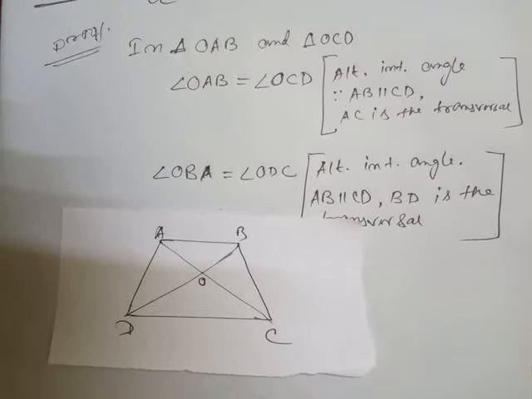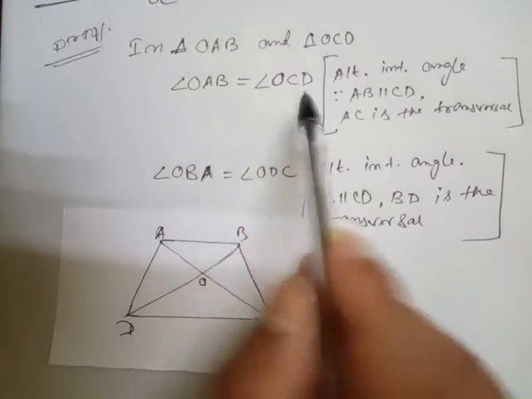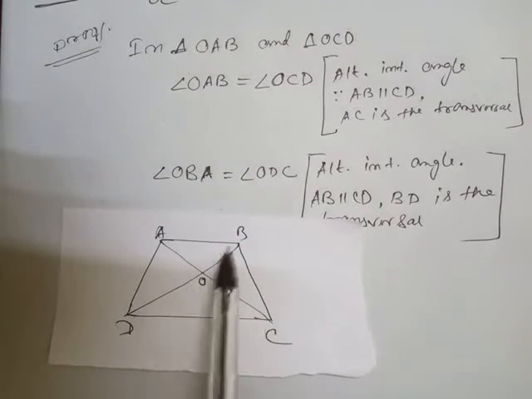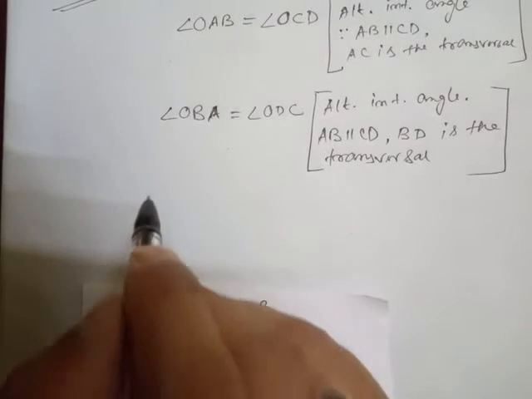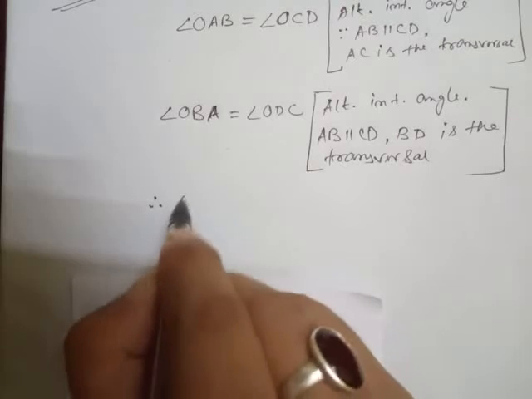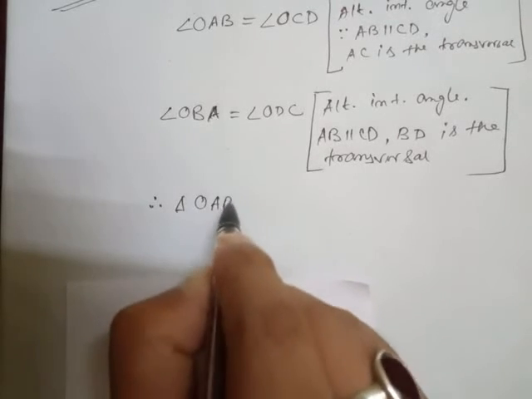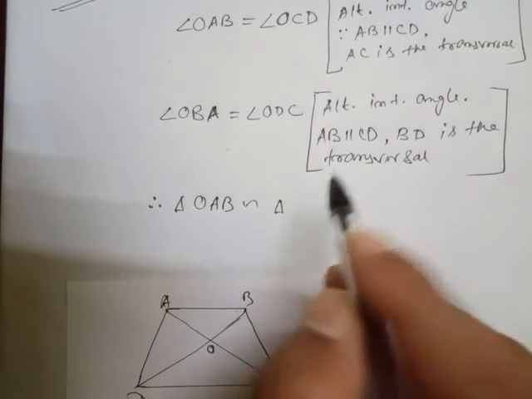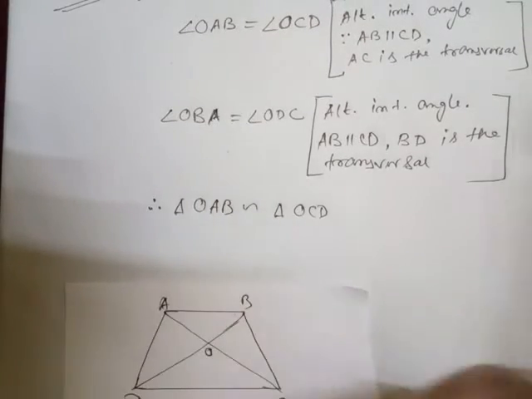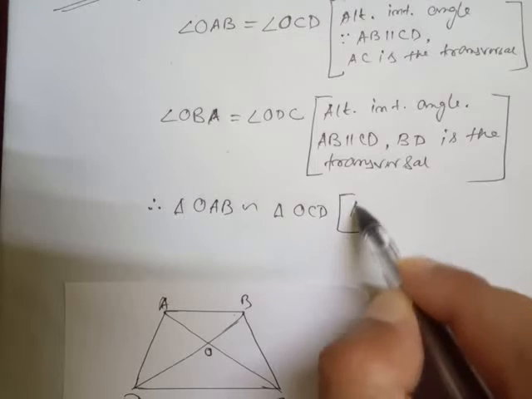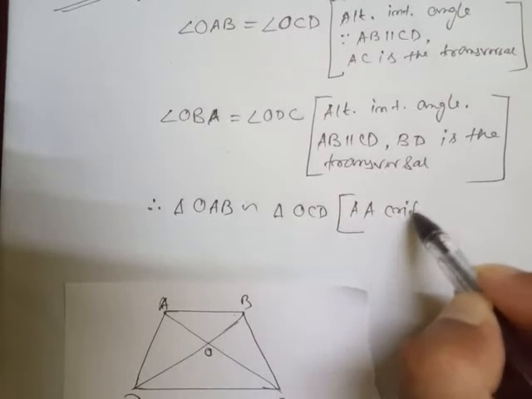So according to the angle criteria, these two triangles are similar. Therefore triangle OAB is similar to triangle OCD. Reason: angle criteria.